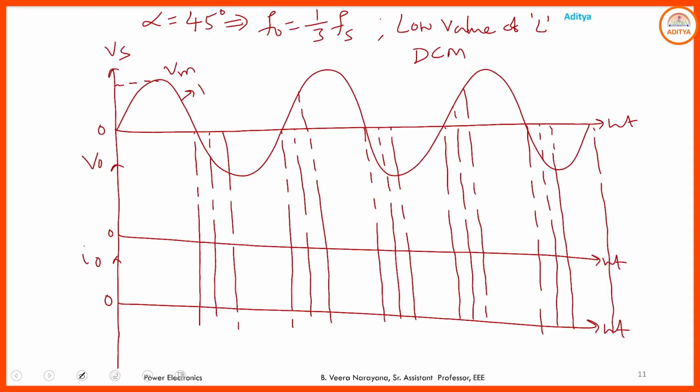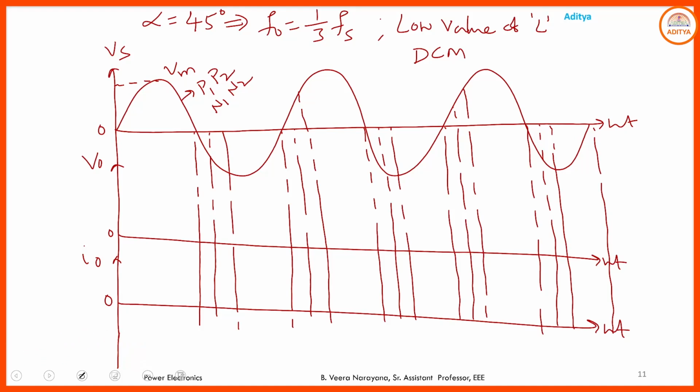So during the positive half cycle of the supply, P1, P2 and N1, N2 are in forward bias. If you want the positive output voltage, you need to provide the gate pulse to the P converter SCRs. If you want the negative output voltage, you need to provide the gate pulse to the N converter SCRs.